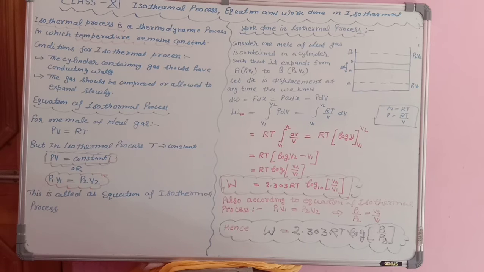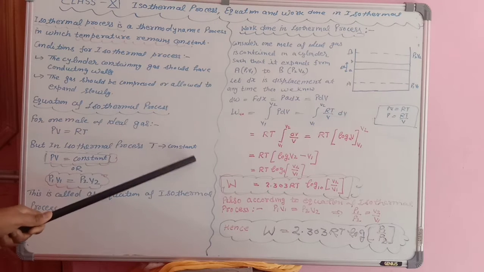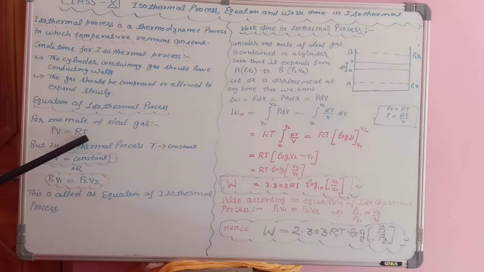And next is the equation of isothermal process. Students, you know that for 1 mole of ideal gas, PV is equal to RT. But in isothermal process, as I told you, temperature remains constant. Temperature is constant, R is already constant. So PV is equal to constant.